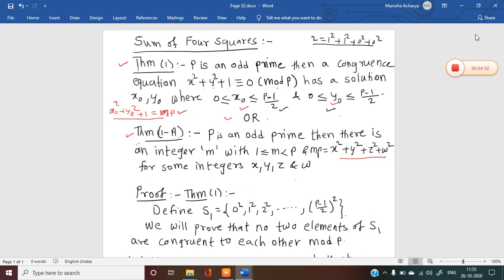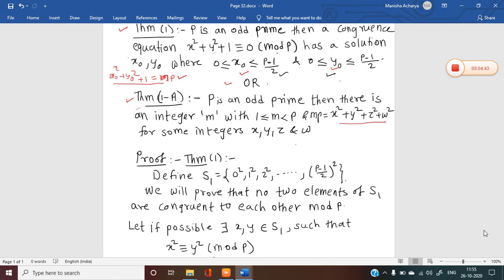Okay, so here we are considering the numbers between 0 and p minus 1 by 2. So here you have to remember two steps. First step is, since the numbers we are considering are from 0 to p minus 1 by 2, first define the set S1. Okay, define the set S1 as 0 square, 1 square, 2 square up to p minus 1 by 2 the whole square.